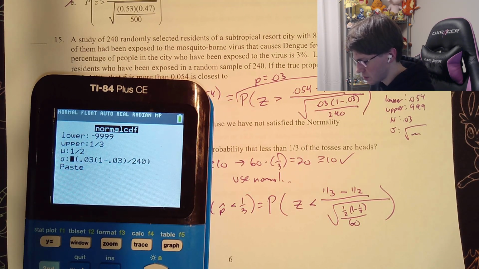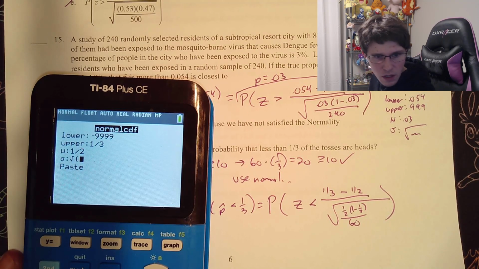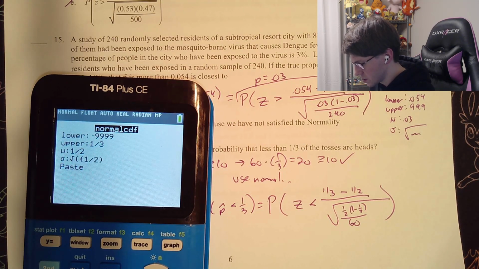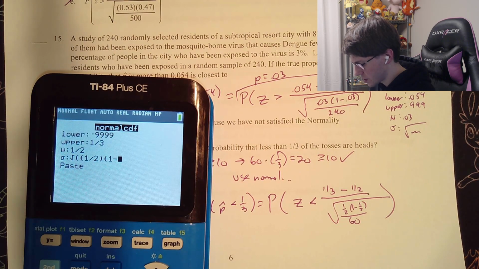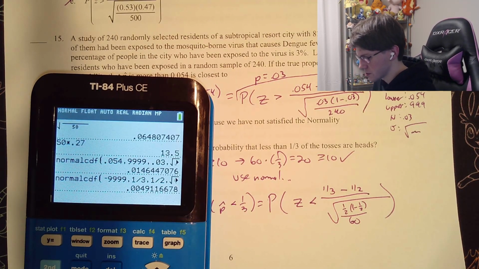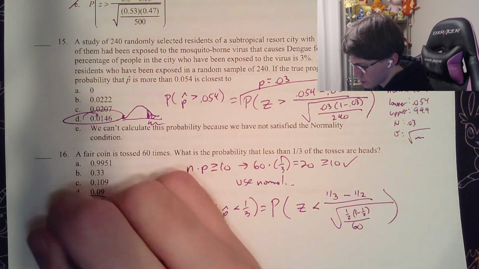And our square root here is going to be this thing typed in. So let's do parentheses, 1 divided by 2, parentheses, 1 minus 1 divided by 2, which is actually a waste of time to even type in, but I just did it anyways, divided by 60, and you hit enter like this, and you get 0.0049, which is exactly what we expect.